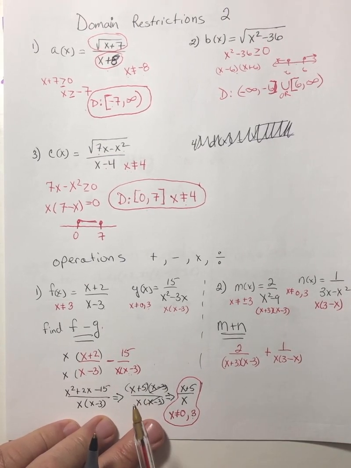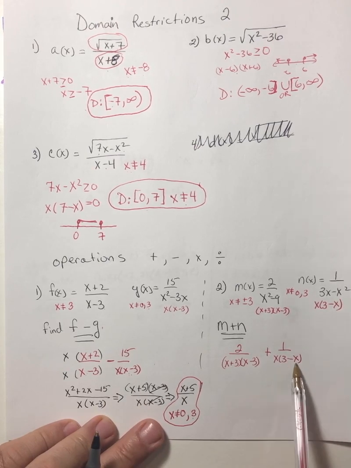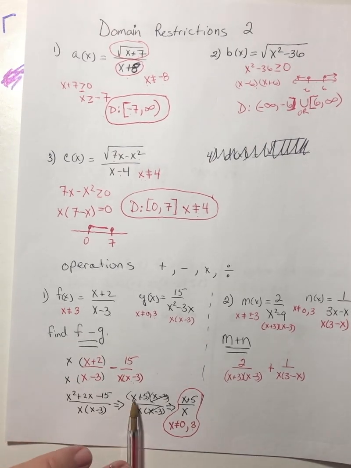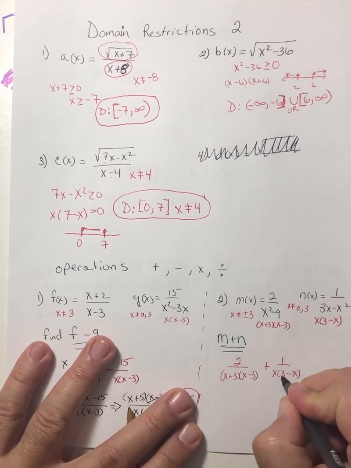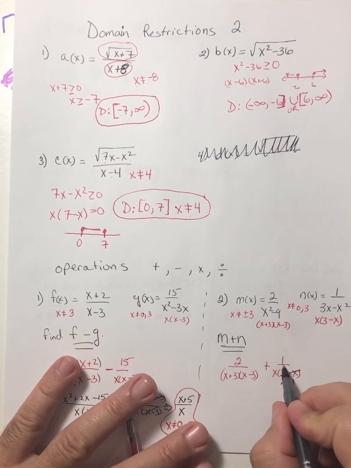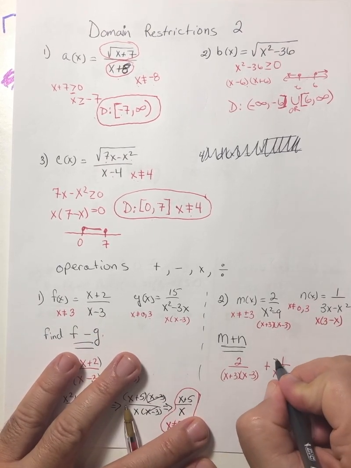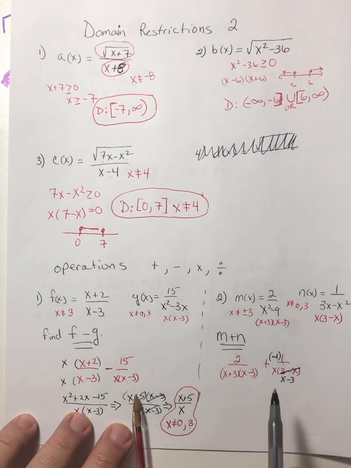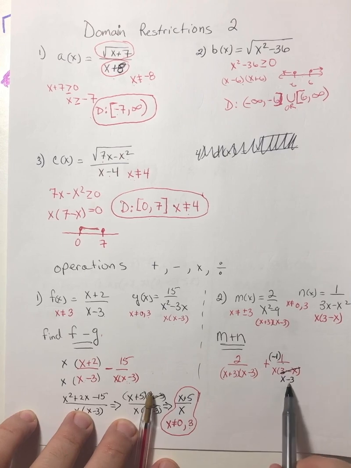Right, in order to add, we have to have a common denominator. So, first of all, this one's messed up because it's 3 minus x, so let's get that fixed right now. So if I switch this around as an x minus 3, what do we have to do up top? That's right, we have to multiply by a -1. All right, so they both have an x minus 3.